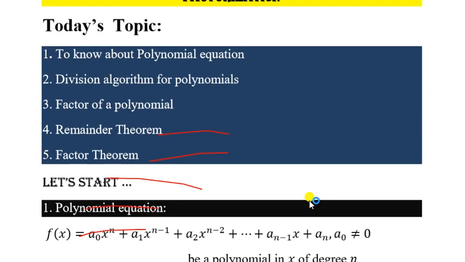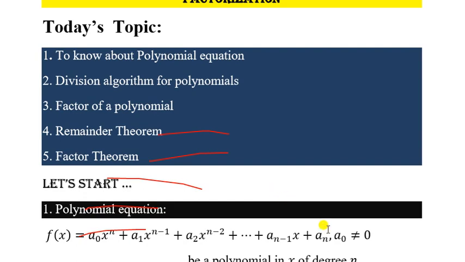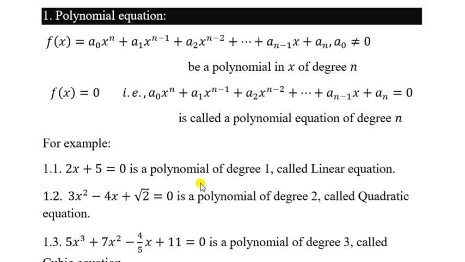First, we have to know about a polynomial. You can see here one form is given. Or you can say 3x to the power 5 plus 5x to the power 4 plus 9.